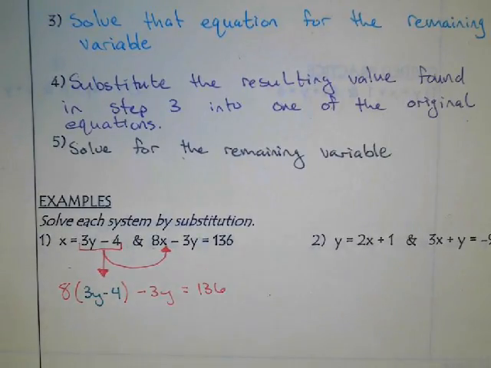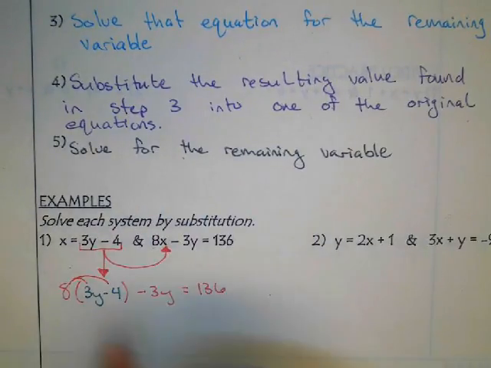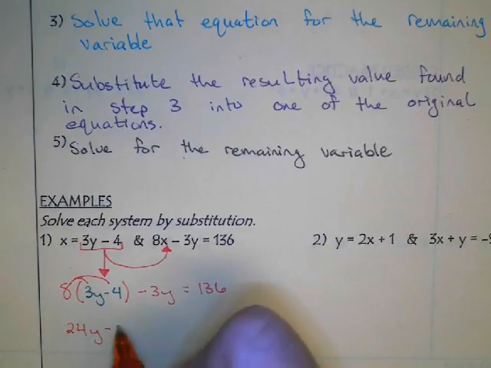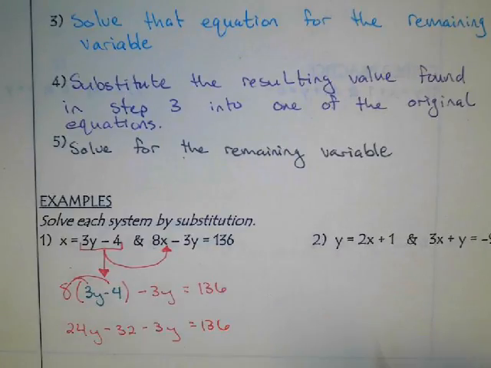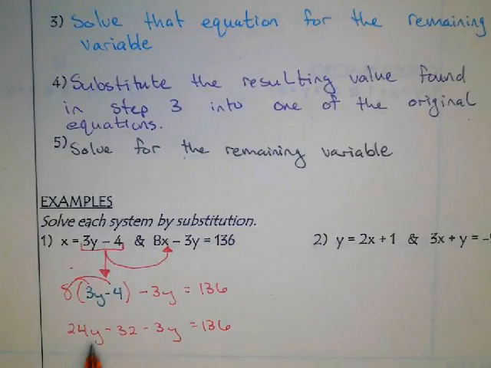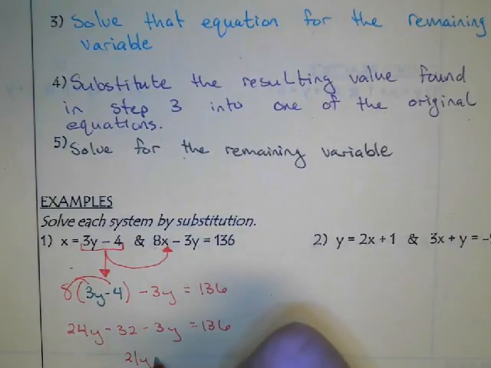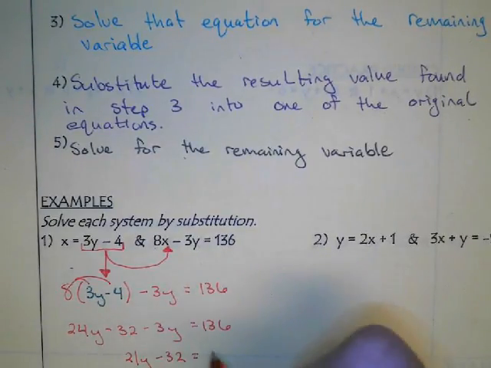So we'll use our PEMDAS skills. 8 times 3y, so we have 24y, minus 32, minus 3y equals 136. Combining my like terms, 24y minus 3y would be 21y, minus 32 equals 136.